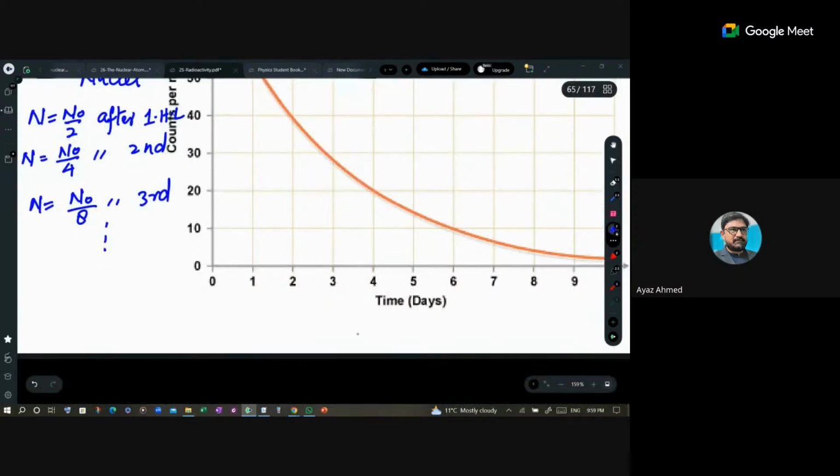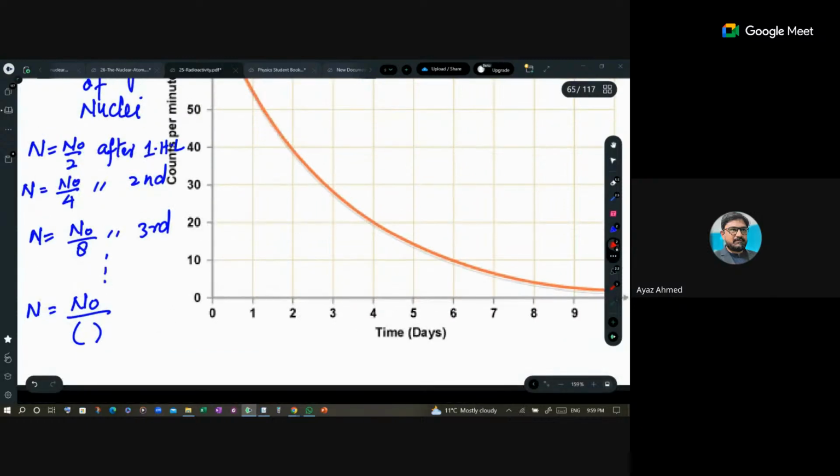So do you think that n will be basically n naught divided by some number to the power n? Because here, if I want to write this, it is 2 power 2, it is 2 power 3.